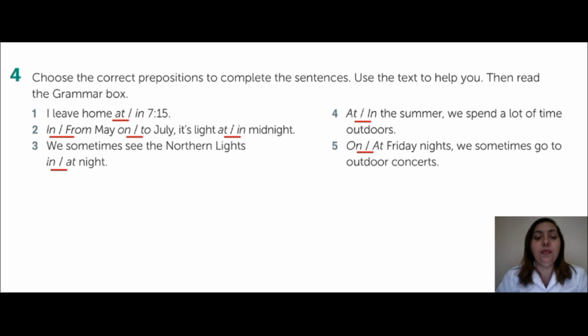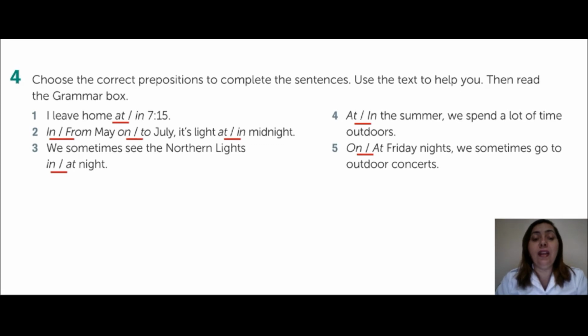All right? Number two, which is the answer for this sentence? In May or from May? On July to July. Remember that we are talking about when it starts and when it finishes. So I use the preposition from to indicate the time that something starts and when it ends.